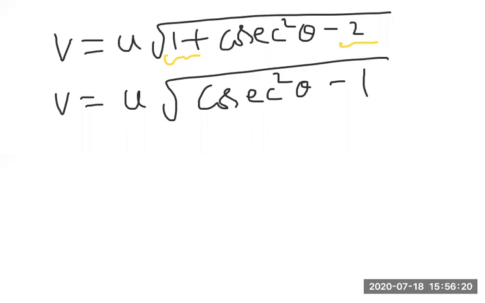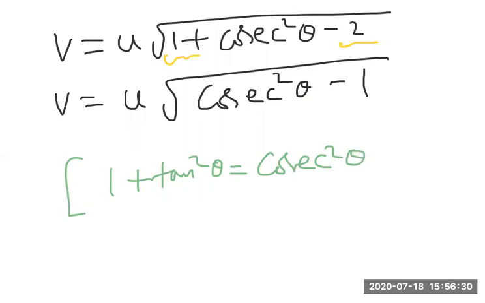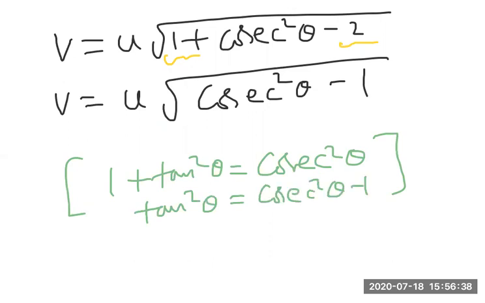In maths, from trigonometry, I can write 1 plus tan square theta is nothing but cosecant square theta. So here, tan square theta is nothing but cosecant square theta minus 1. So cosecant square theta minus 1, I can write it as tan square theta.